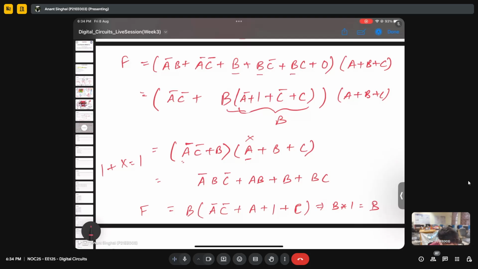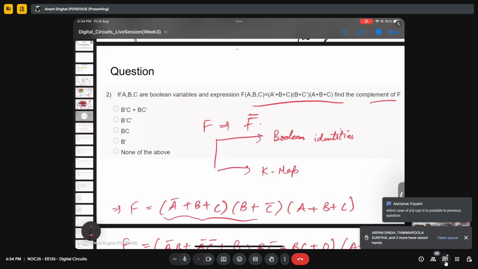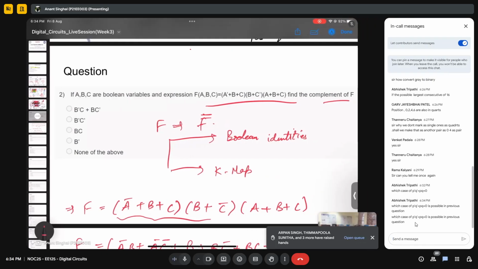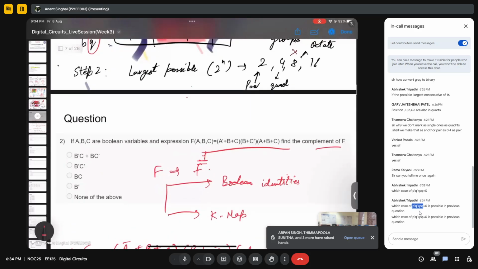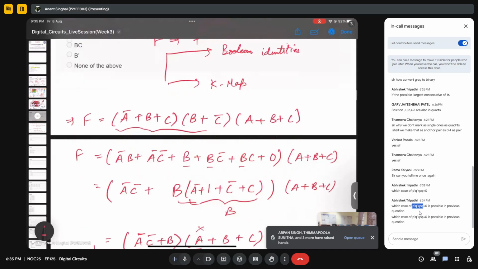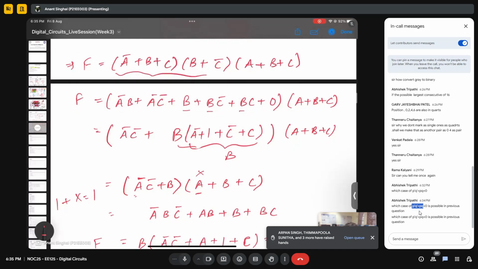Okay. So if there is not, what we need to find is something. Which case of p bar q bar? No, it is not equal to 0. Okay. Sir, one second, tell me, sir. Which problem? This one? Yes, sir. Final answer. One second, tell me, sir.